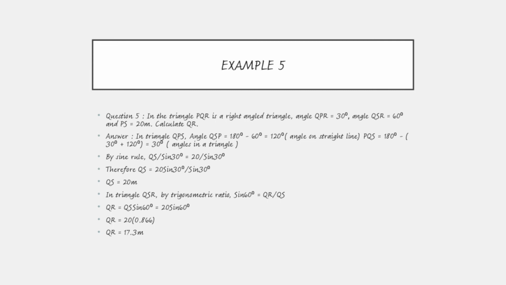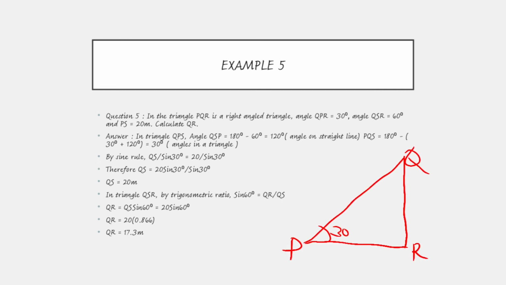Example 5. In a triangle PQR, which is a right angle triangle. First thing, you draw a right angle triangle, PQR. Then it is stated that angle QPR, that is this angle P here, is 30 degree, and angle QSR.